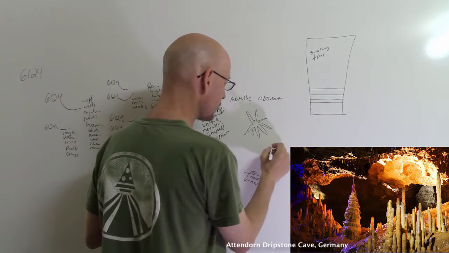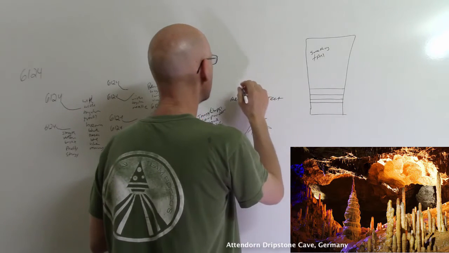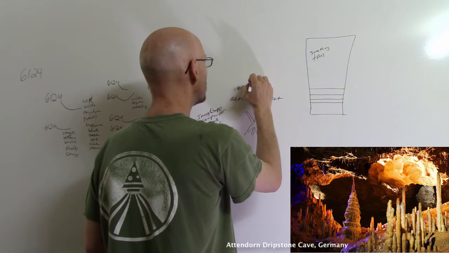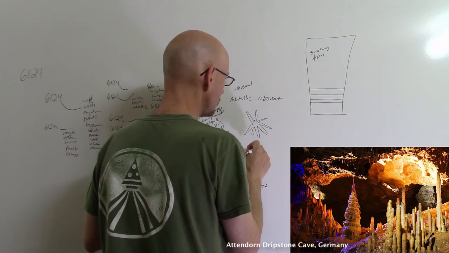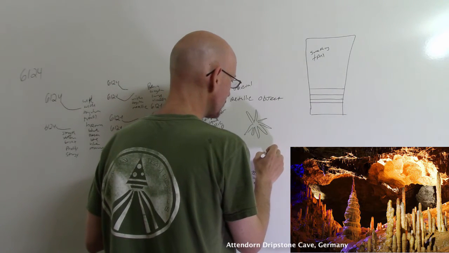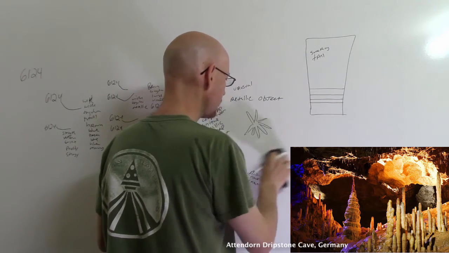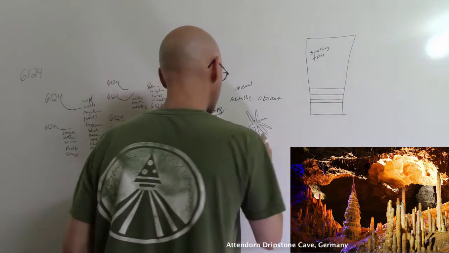Something unique or unusual like this. Unusual. A metallic thing. How could I even draw that?